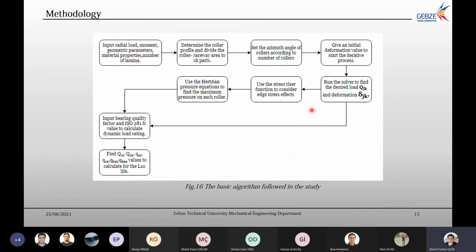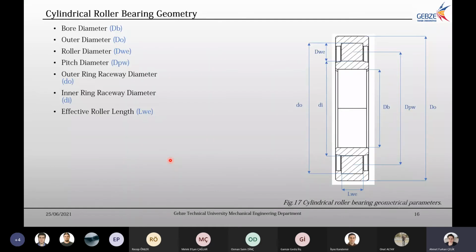The stress riser function raises the edge stress effect in rollers, because rollers have a different loading condition at the edges of the roller. That's why we need another function to simulate this. This is a mathematical function. Then I use the Hertzian equations to find pressure, and with the given pressure and loads, I will be trying to find life.